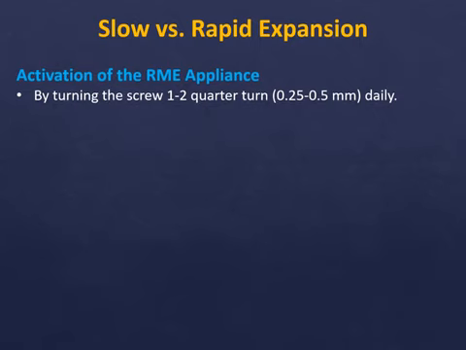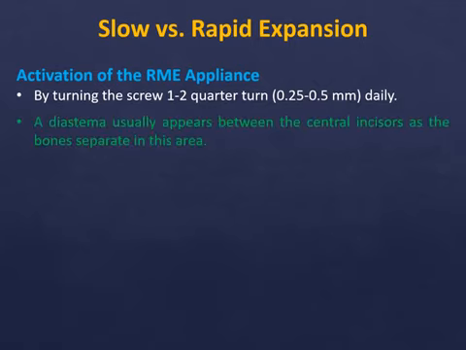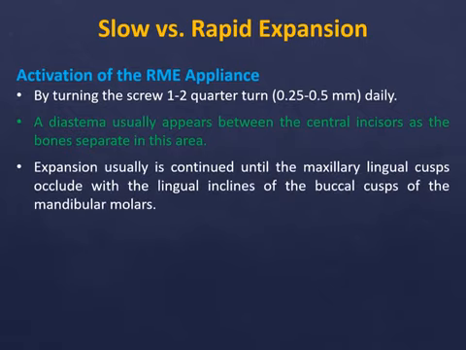This gives us 0.25 to 0.5 millimeter. So unlike the removable expanders, this activation is per day, not per week. Usually a diastema appears between the central incisors as the bone separates in this area. Expansion should be continued until the maxillary lingual cusps occlude with the lingual inclines of the buccal cusps of the mandibular molars.